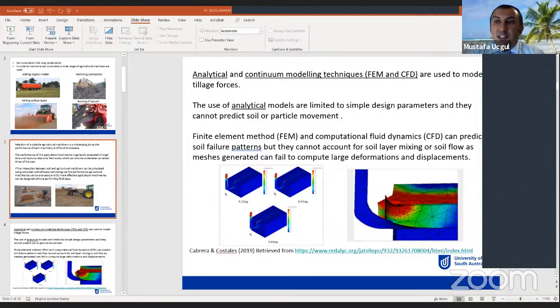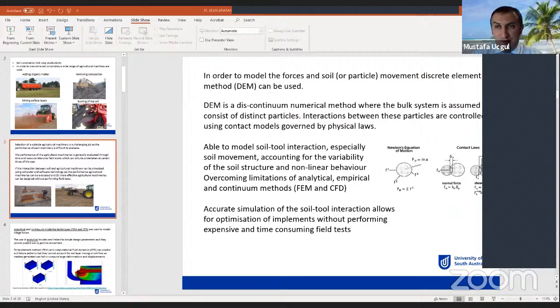There are some methods used for machinery design, such as analytical methods or continuum numerical techniques. But these methods are currently limited because they can only give you information about the forces. Their ability to give the soil movement or the product movement is quite limited. So what can we do to sort it out?